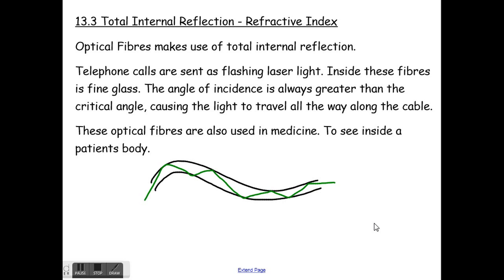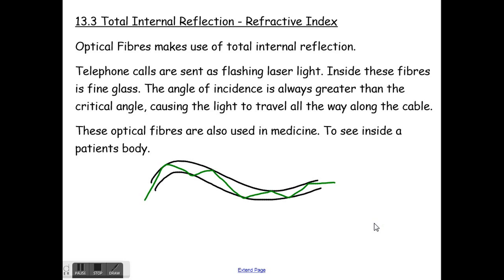So it uses this idea of total internal reflection and the critical angle to keep these lasers inside of this cable. So that way, telephone calls, you can send the information much faster. It's traveling at the speed of light or so. Then the information is also very clear because you're not losing any information along the way.